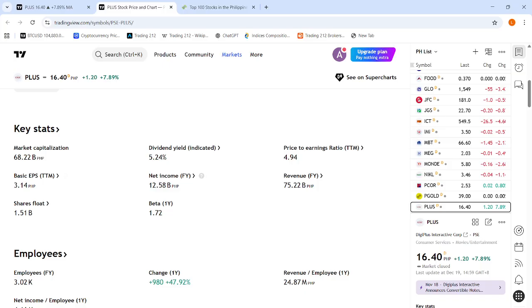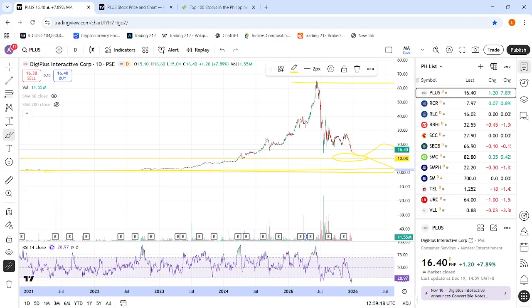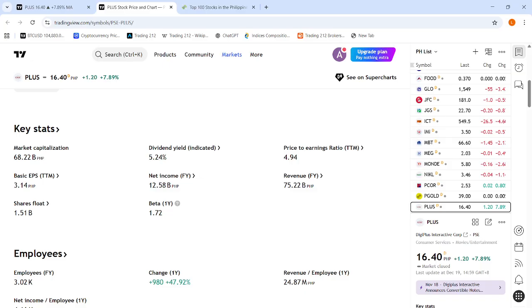That's why the institutional investors are very interested to trade in this one. It's because of its net income, its performance. It has good performance when it comes to its financial statistics. 12 billion is the net income.